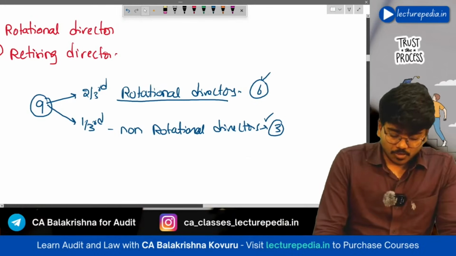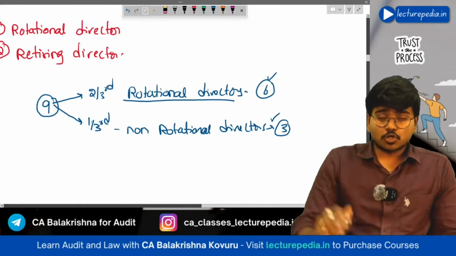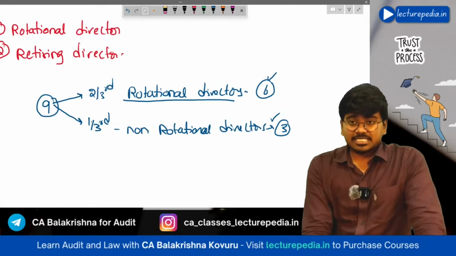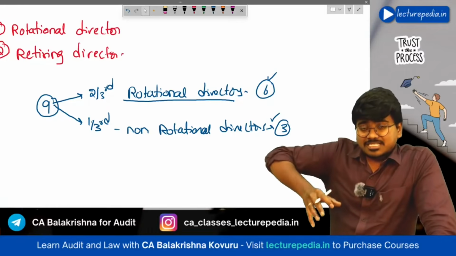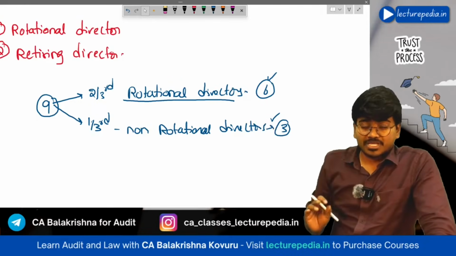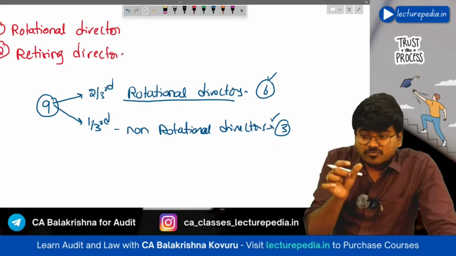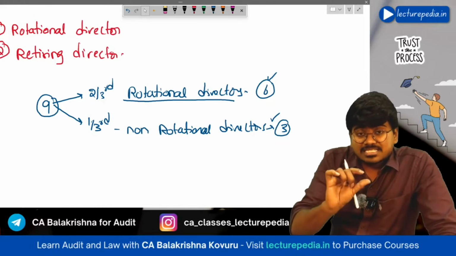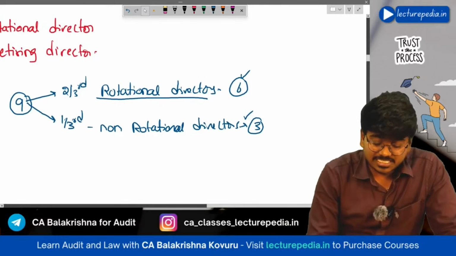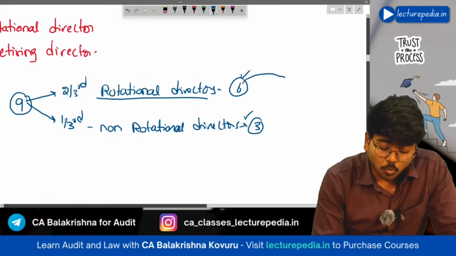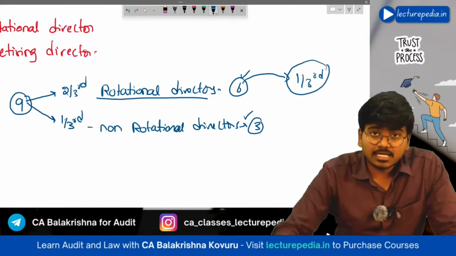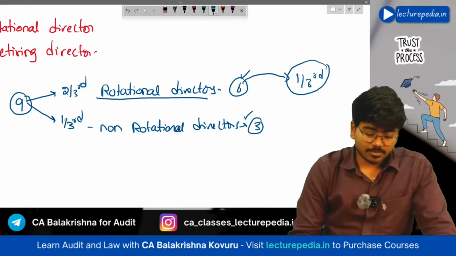Now, 6 directors are rotational directors. It doesn't mean that all these 6 directors will retire at the annual general meeting. No, the office of these 6 directors is decided by the concept of rotation. Out of these 6 directors, only 1/3 will retire at the upcoming annual general meeting.